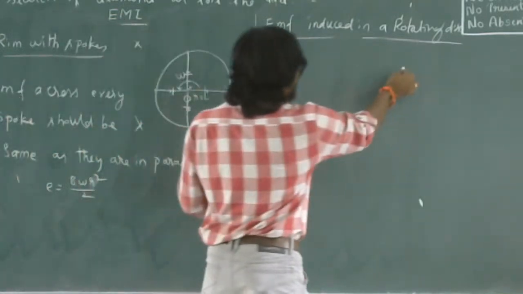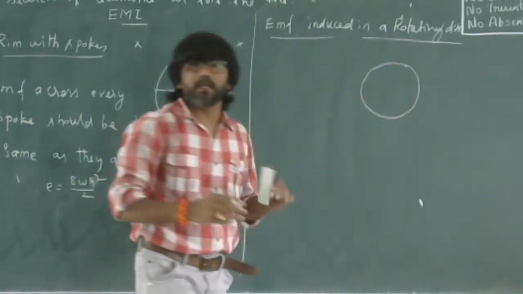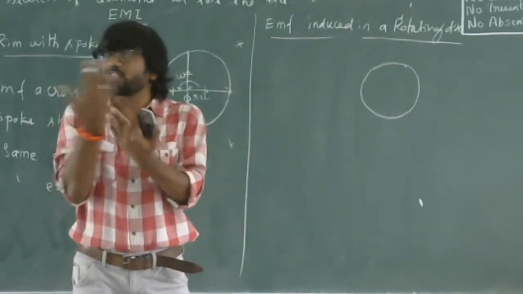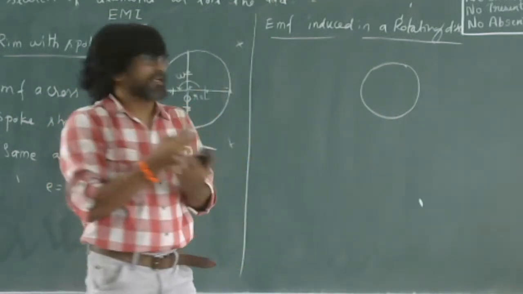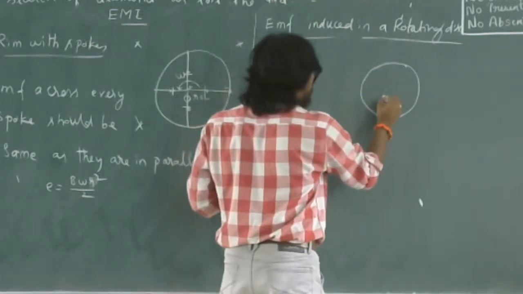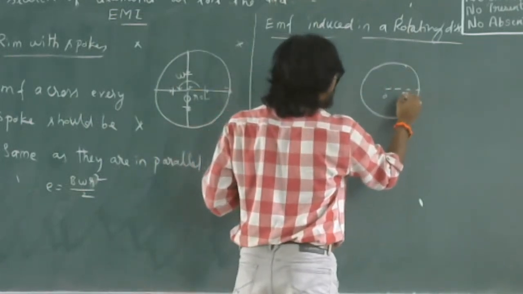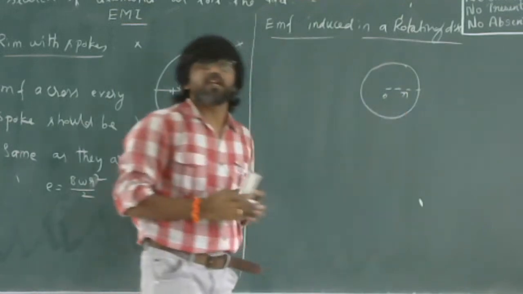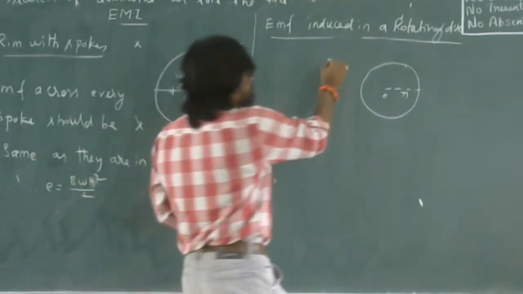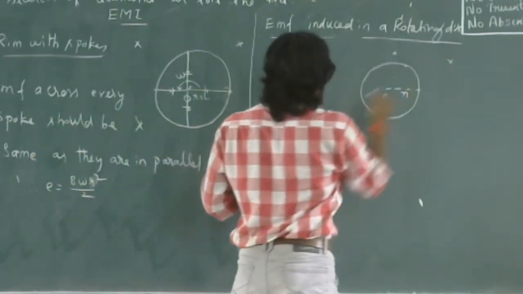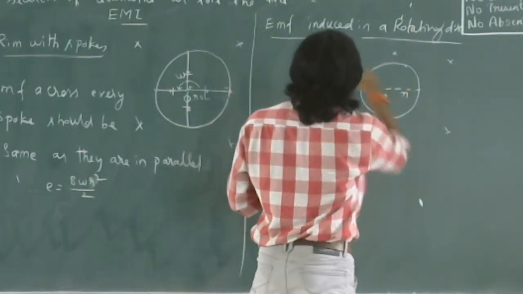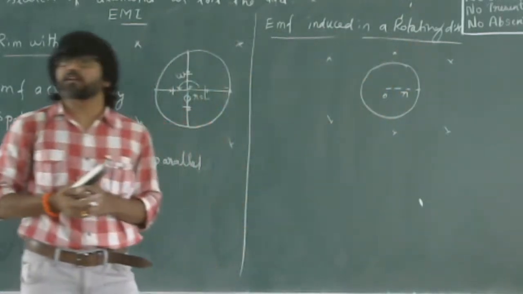If you consider a disc, it is nothing but a thin plate, with center O and radius R. And it is placed in a uniform magnetic field.